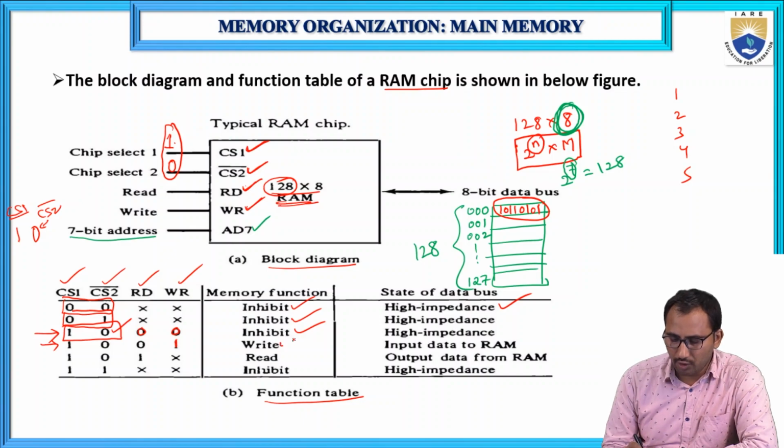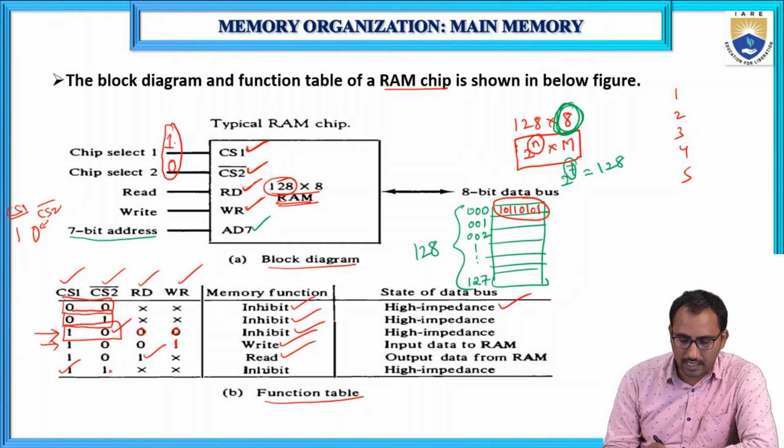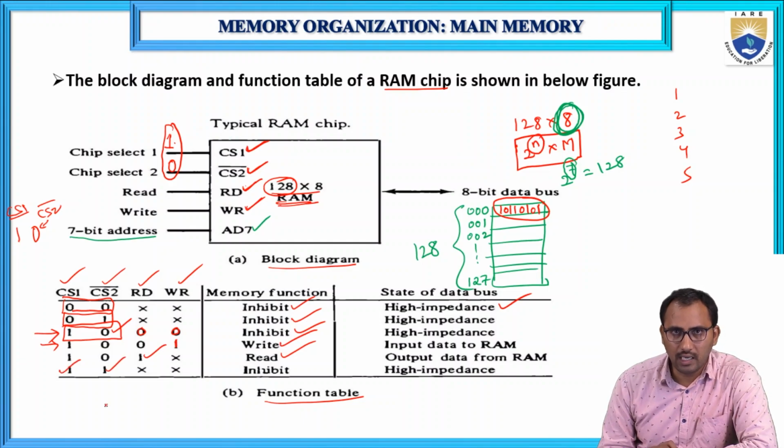It performs a write operation. Suppose the read bar signal is equal to logic 1, then it performs a read operation. And if both the chip selection lines are equal to logic 1, then in this case also it will perform inhibit, high impedance. So this is the block diagram and functional table of the RAM.